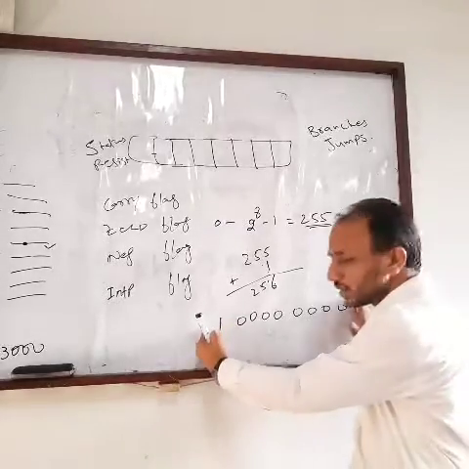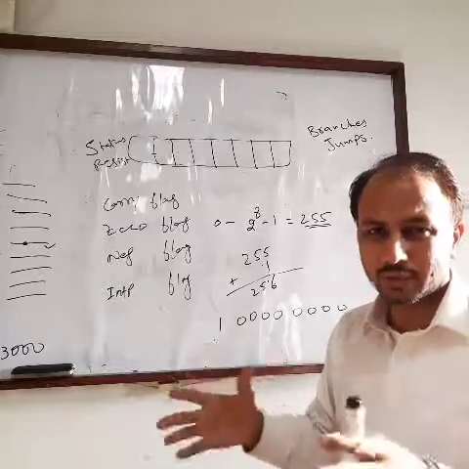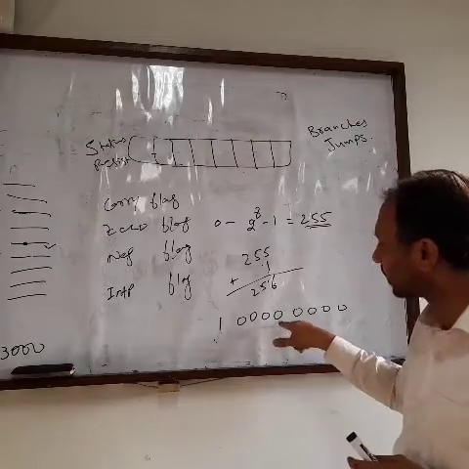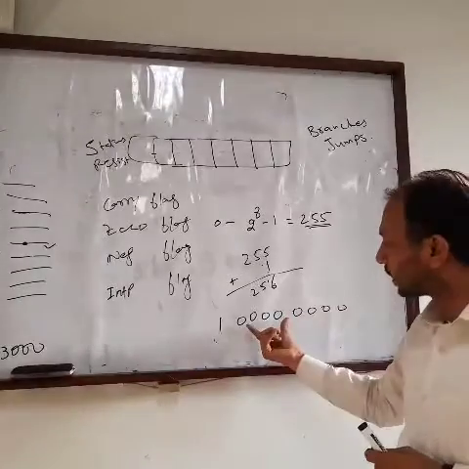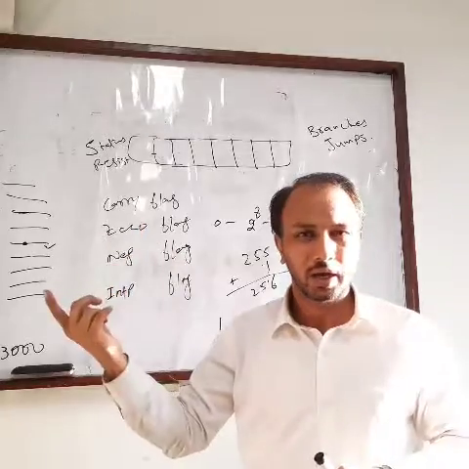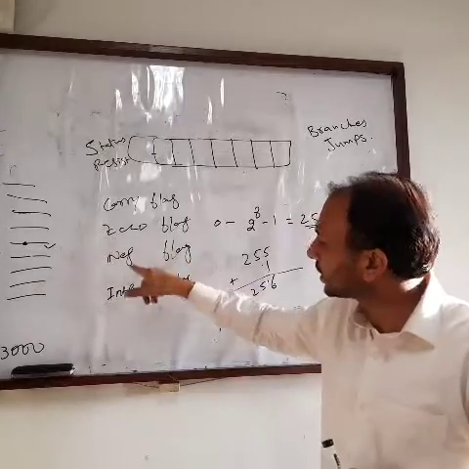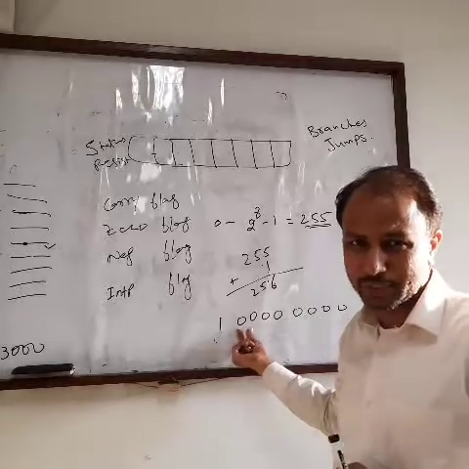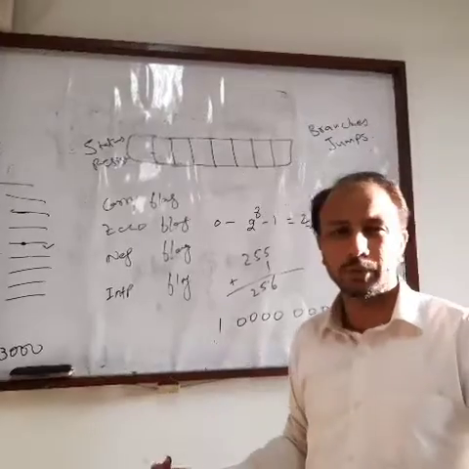Either you should combine this result, or you may need to do some other processing to save your whole result. At the same time, this result is 0. The result of the ALU is 0, which means the zero flag will become high automatically. So the carry flag is high, the zero flag is high. Similarly, the negative flag: if your most significant bit is 1, your negative flag will be 1. So here the negative flag will be 0.